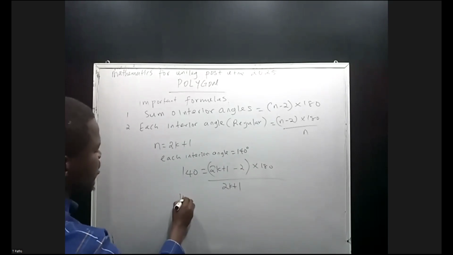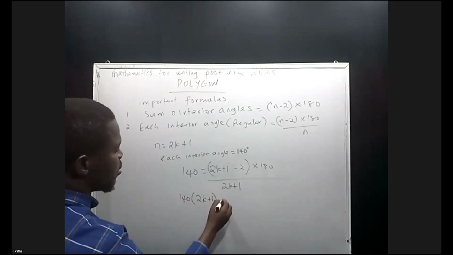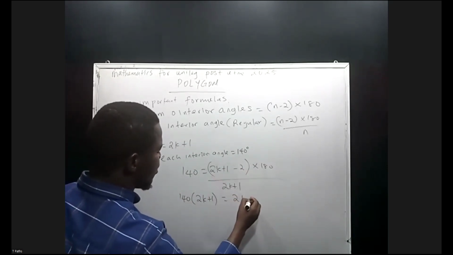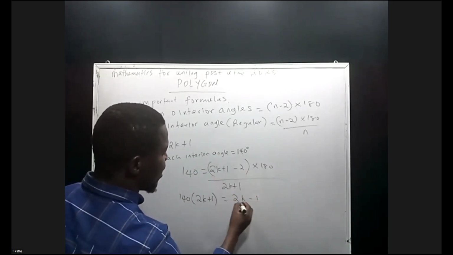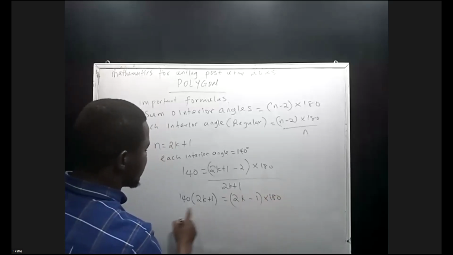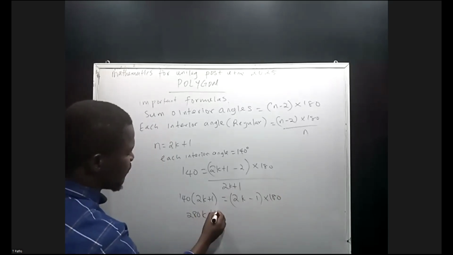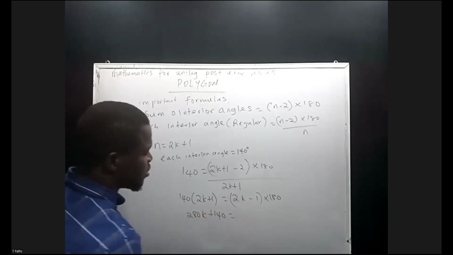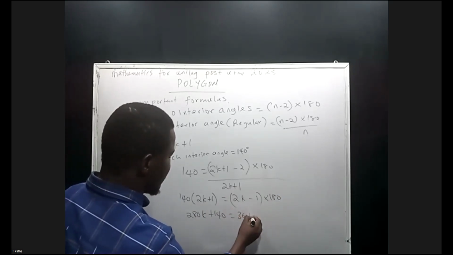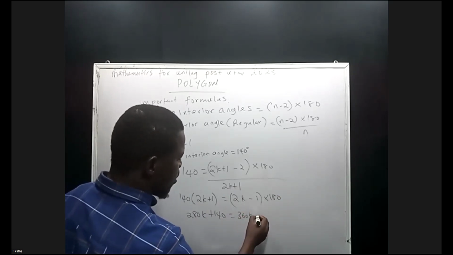So this is 140 times this. So this one is what? 2k minus 1, right? Times 180. So this is 280k plus 140 equals 360k minus 180.